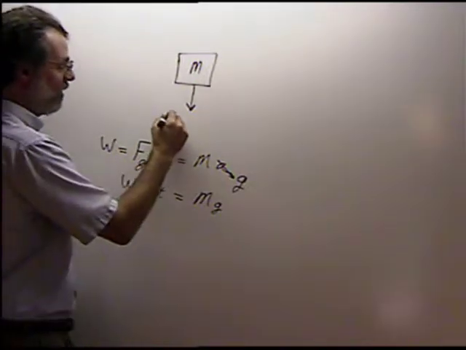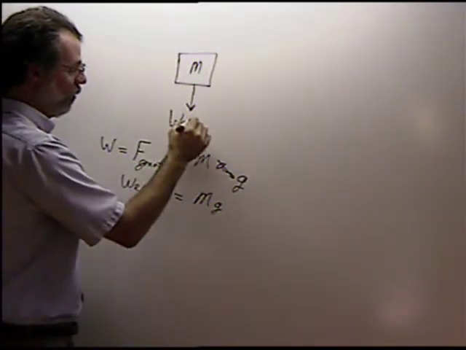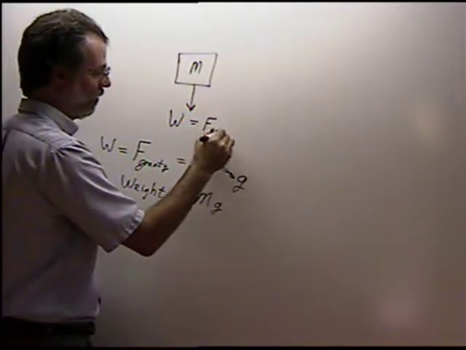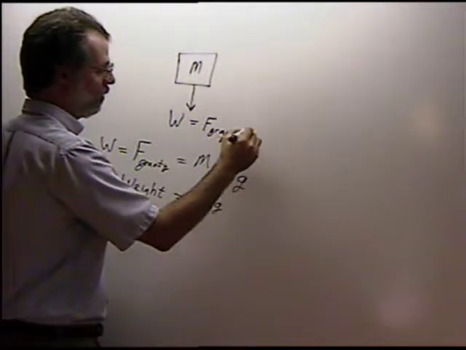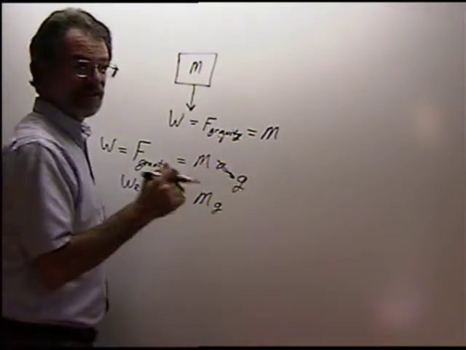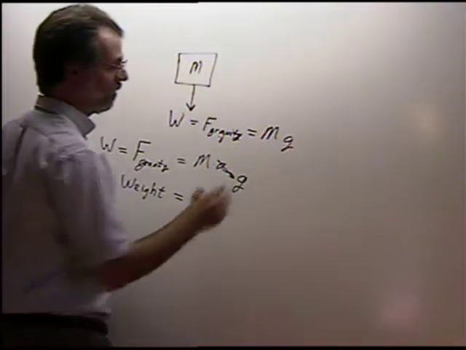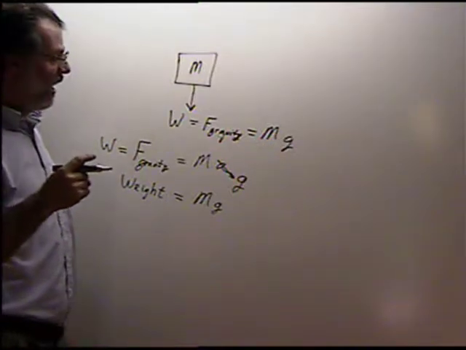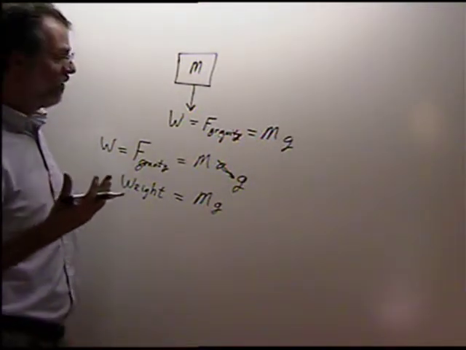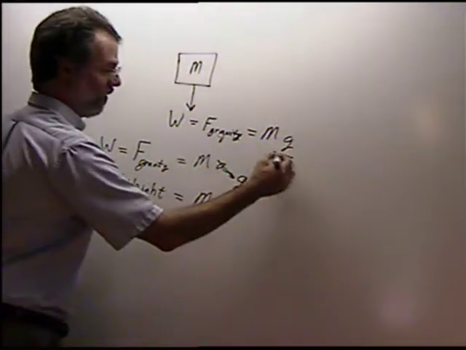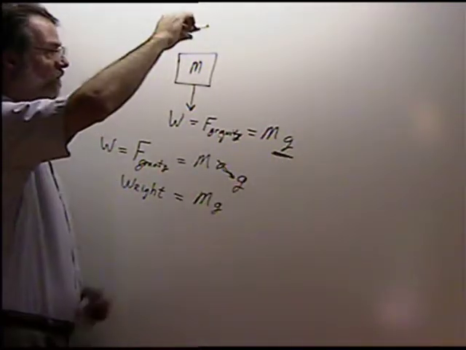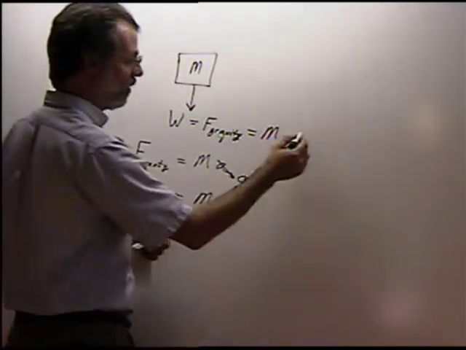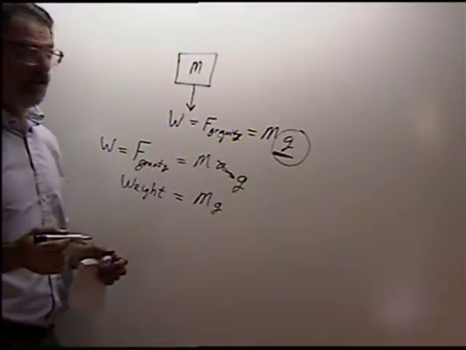Is this, that the weight of this object, which is really the force of gravity on the object, is equal to its mass times the gravitational acceleration. And how fast will it accelerate? Well, if it's in free fall, the acceleration is 9.8 meters per second squared.